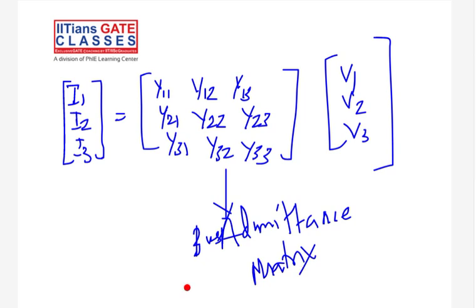And this is called the bus admittance matrix. So basically this is how you derive it. So this matrix can represent actual grid connection, right?